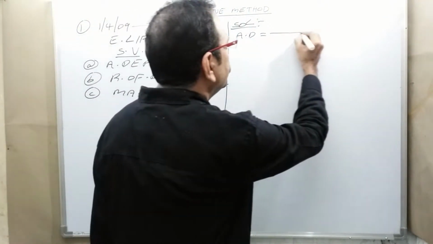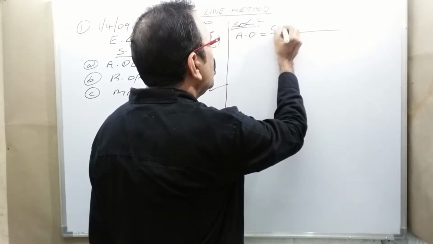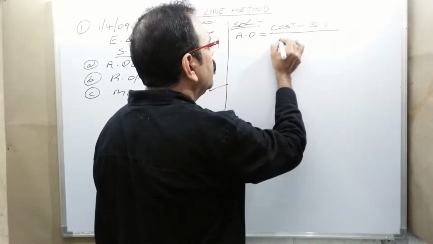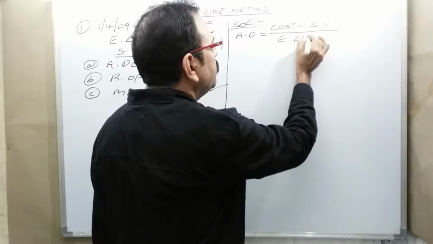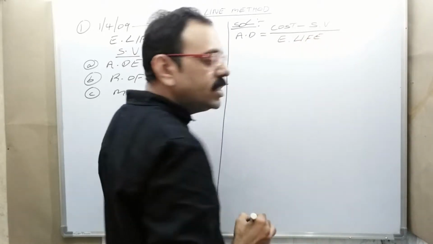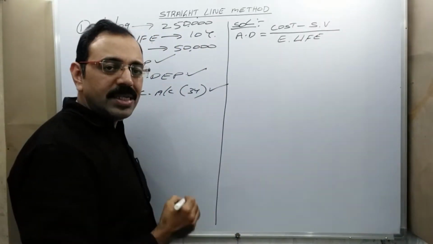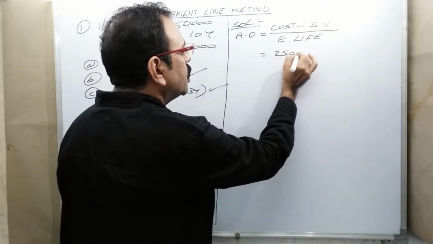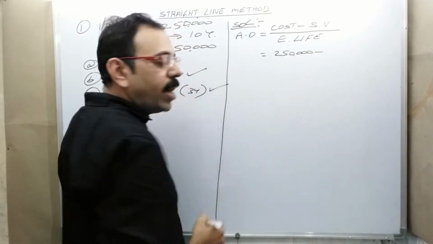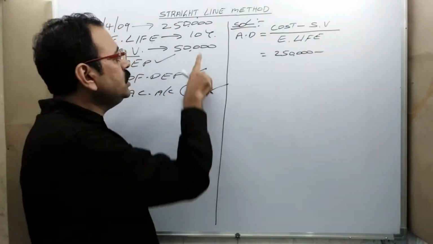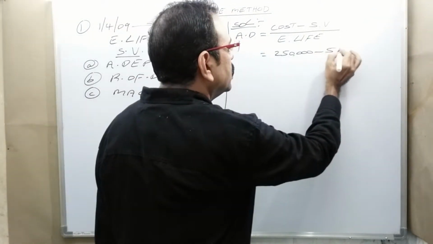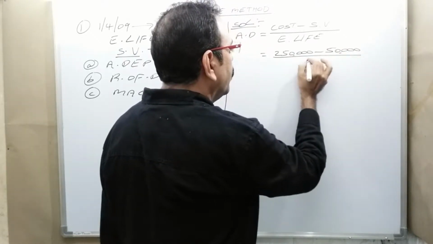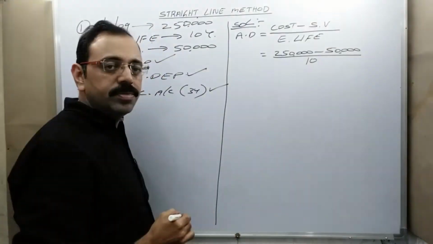That is cost minus scrap value divided by estimated life of the asset. In present problem, cost is 2,50,000 rupees minus scrap value is 50,000 rupees and estimated life is 10 years.